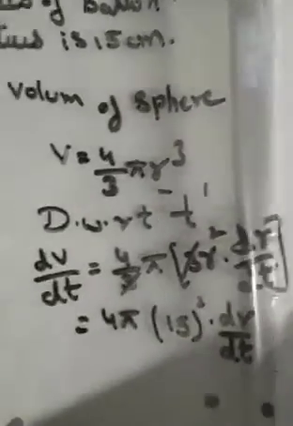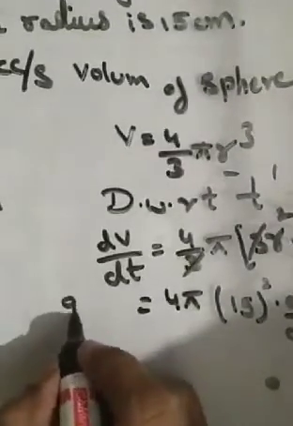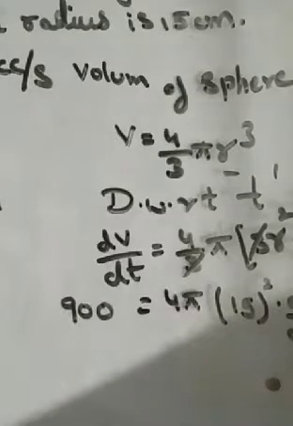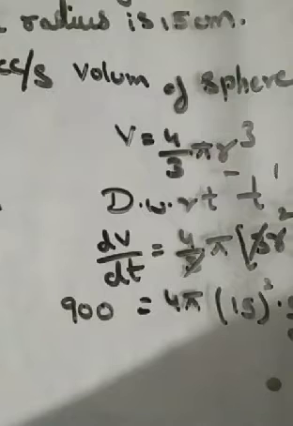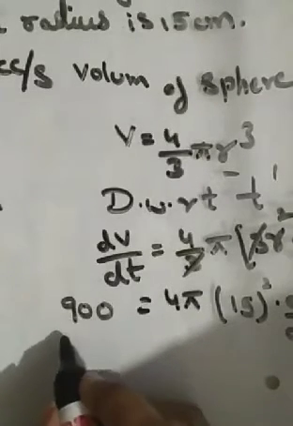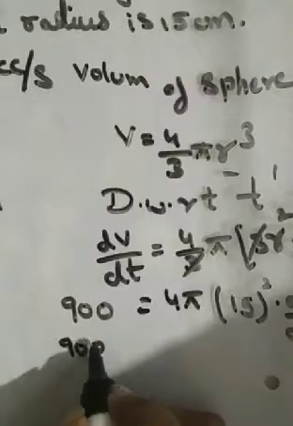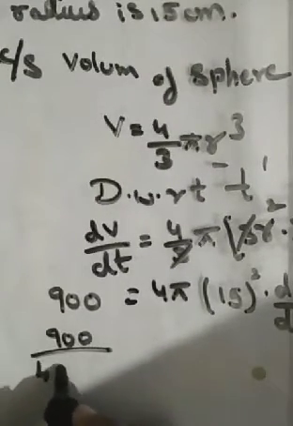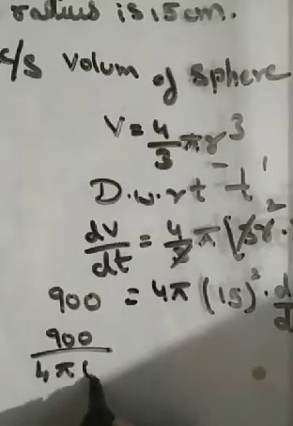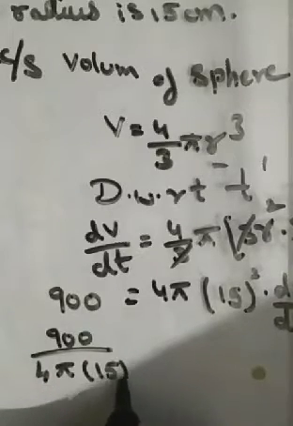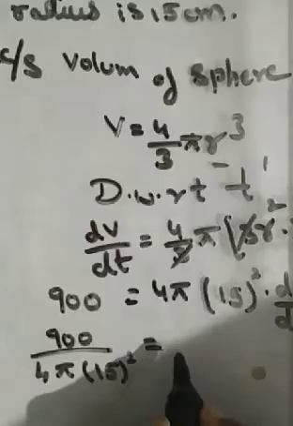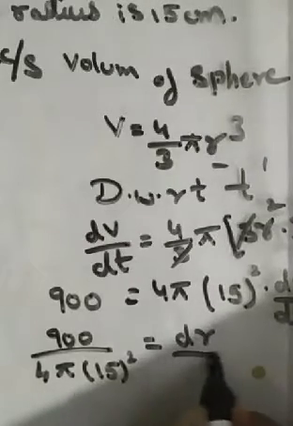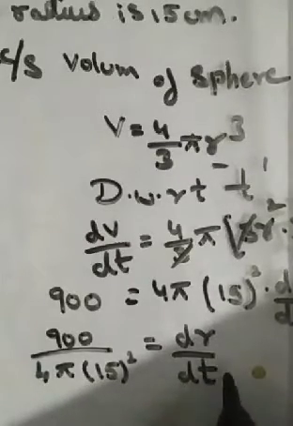What is dV by dt? You know dV by dt is 900, isn't it? So 900 divided by 4 pi into 15 square is equal to dr by dt.